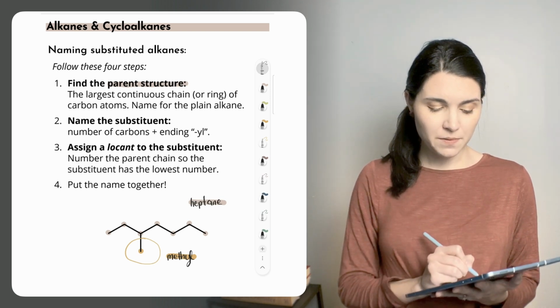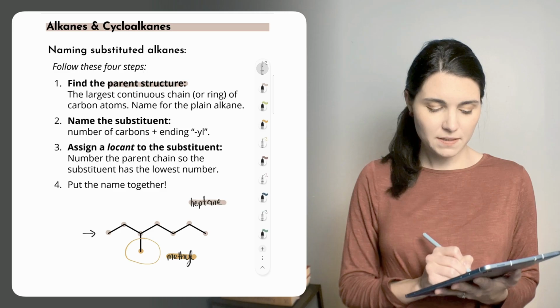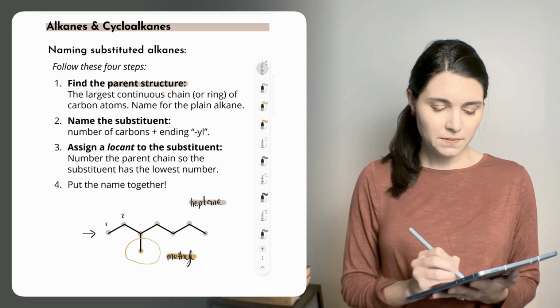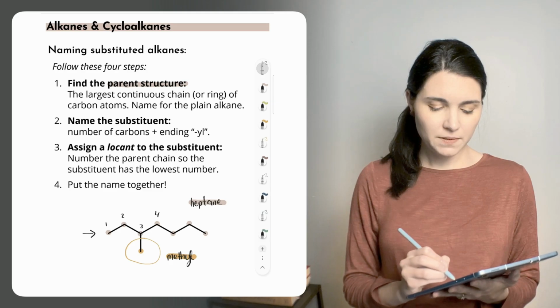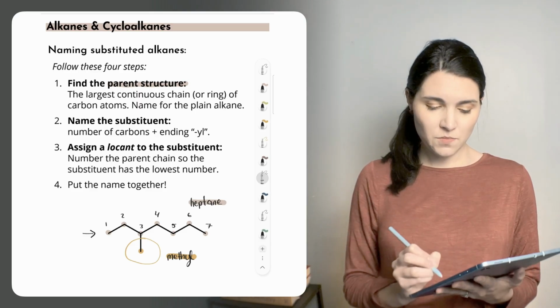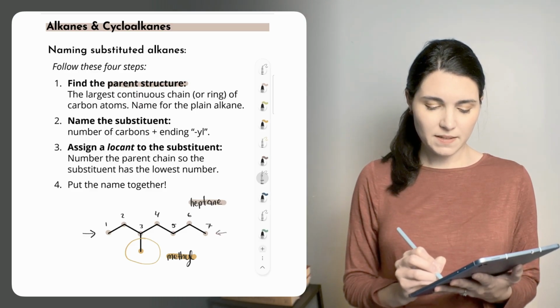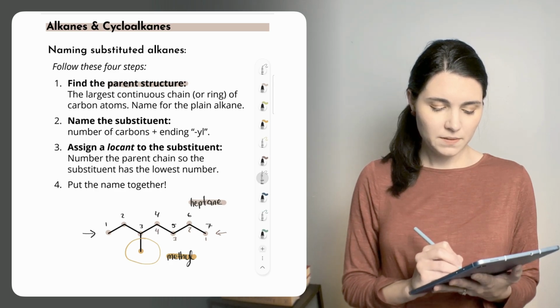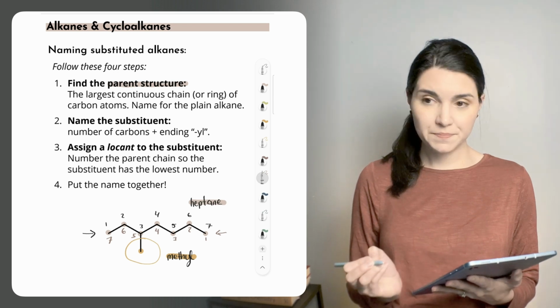We can start numbering from this side, and we would get 1, 2, 3, 4, 5, 6, 7. Or we could start numbering from this side, and we would get 1, 2, 3, 4, 5, 6, 7.